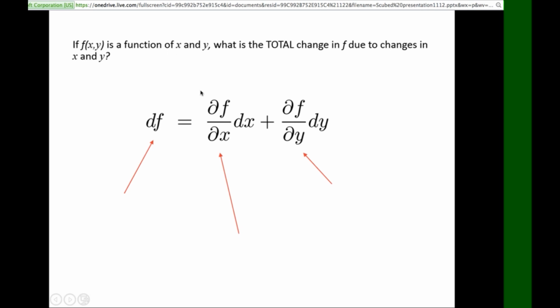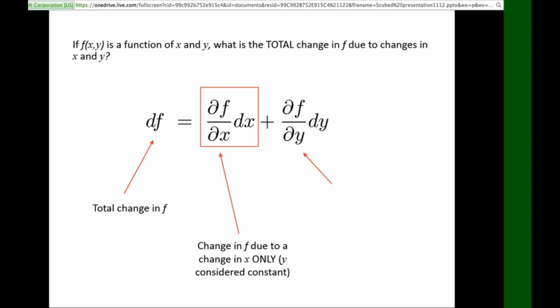The first term would be the total change in f. Next, we have the change in f due to a change in x only with y considered constant.